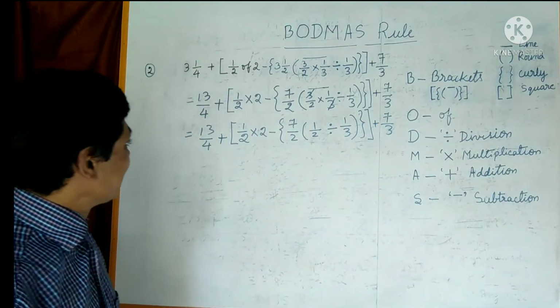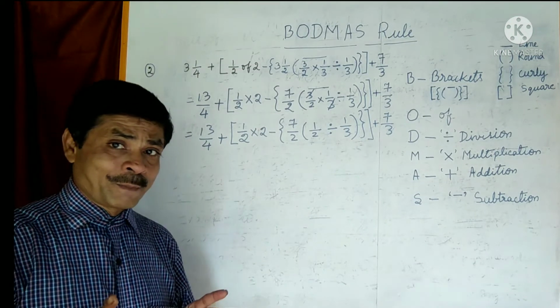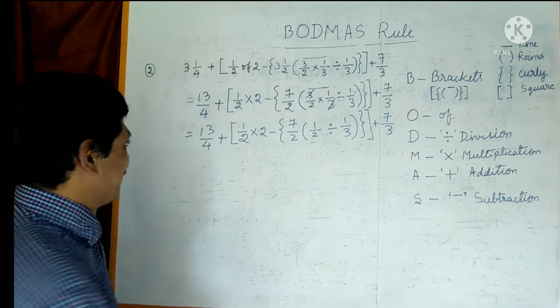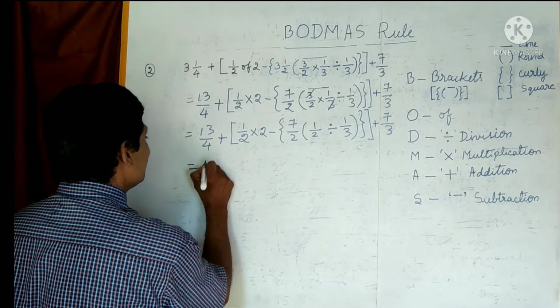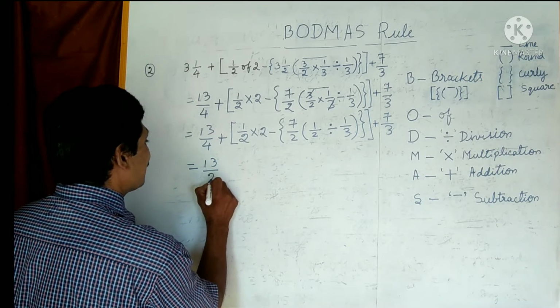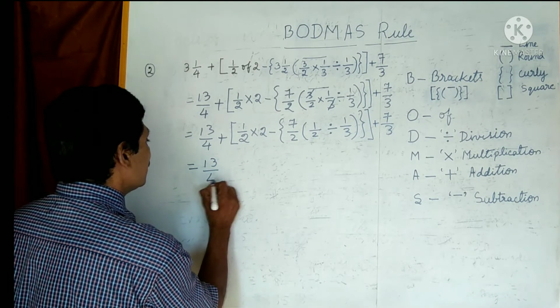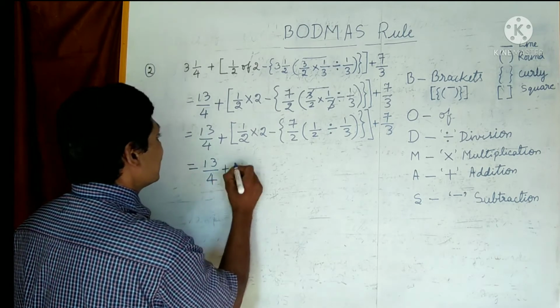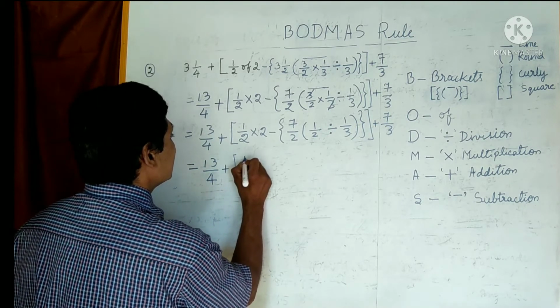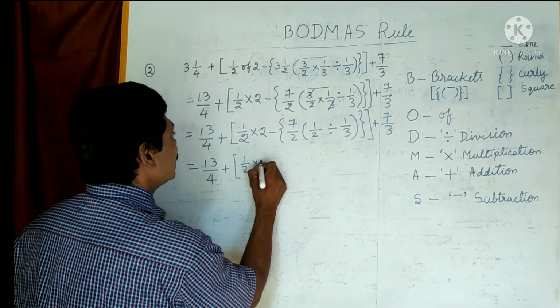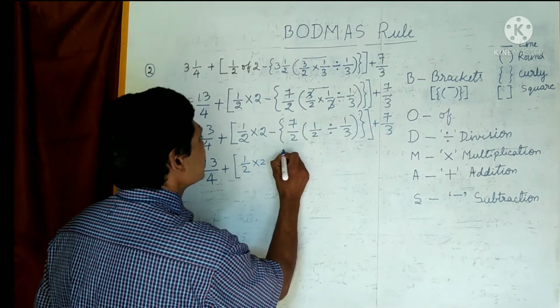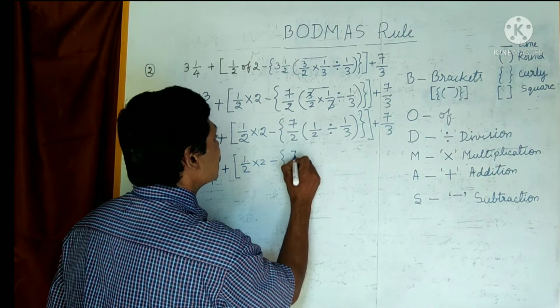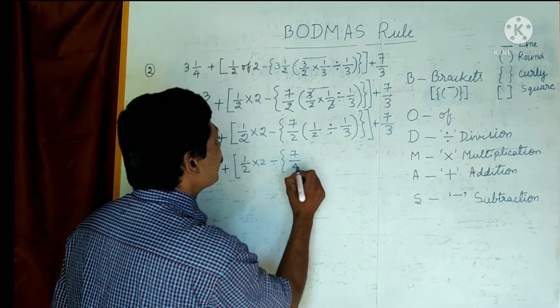Okay. Next, which bracket do we have to solve? The round bracket. This is equal to 13 divided by 4 plus 1 by 2 into 2 minus 7 by 2.